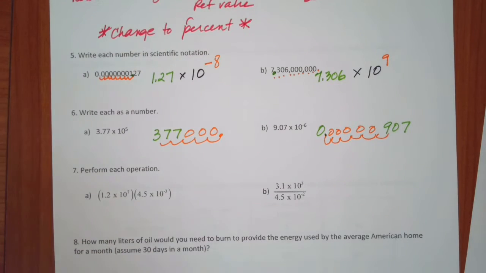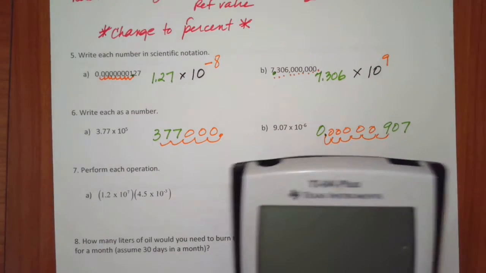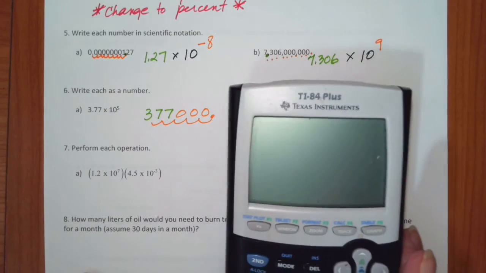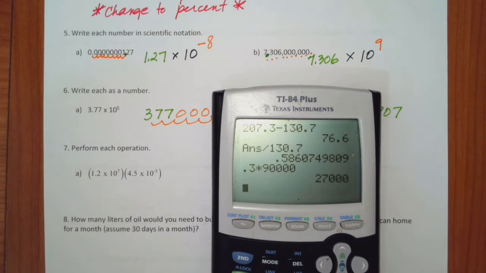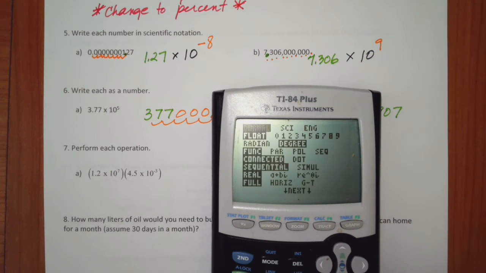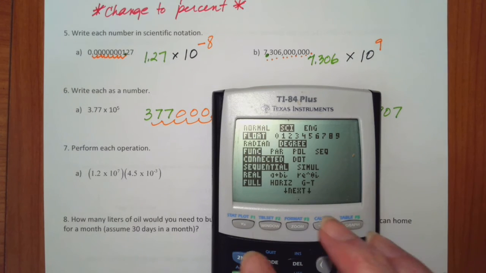Okay, if I'm asked to perform operations, the thing I want to remember here again is how to do this on my calculator, and the key to putting things in parentheses. You're going to want this for your unit conversions as well as just your general operations. Okay, so I'm going to put mine in scientific notation mode, so my answer will come back in scientific notation, but I can do it either way.